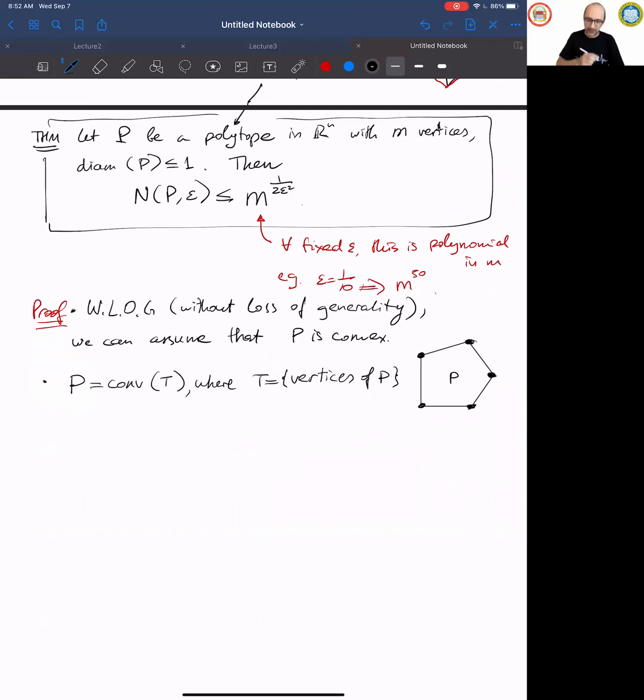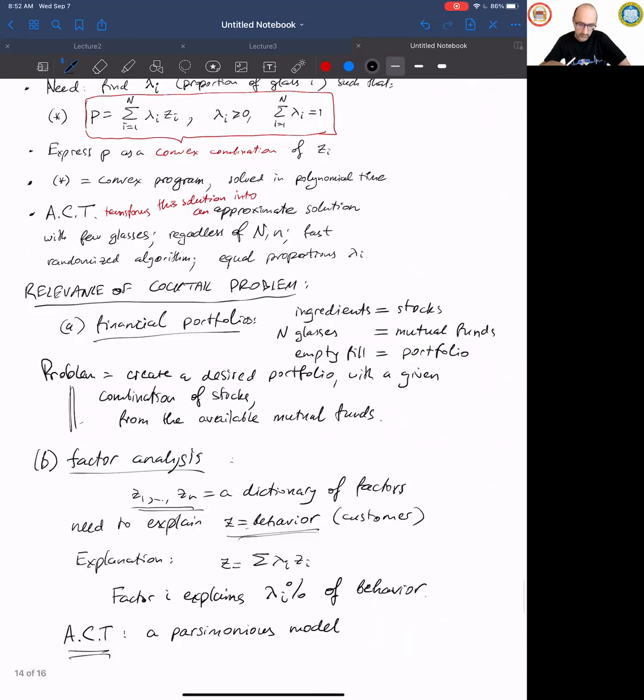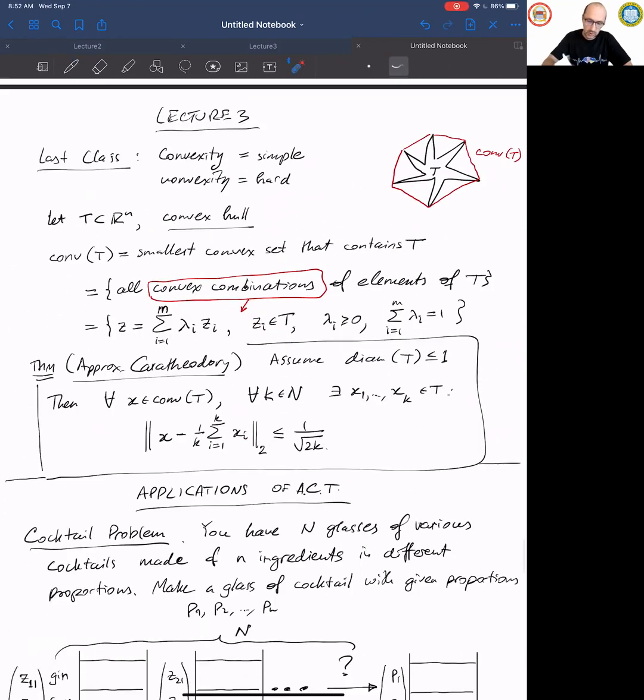Okay, and now we apply the Approximate Carathéodory Theorem. It says that any point in P, in the convex hull of T, any point in this polytope. Let me scroll up just to show the Approximate Carathéodory Theorem for one second, to the first page.